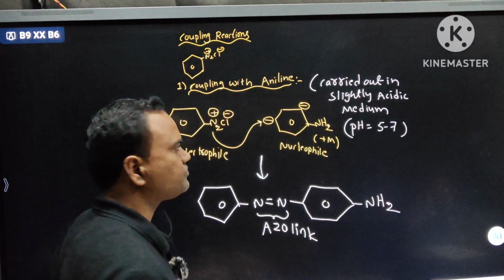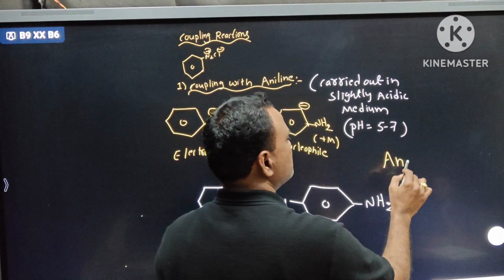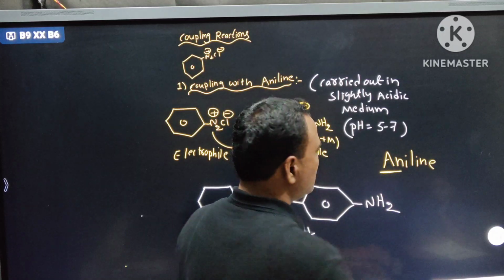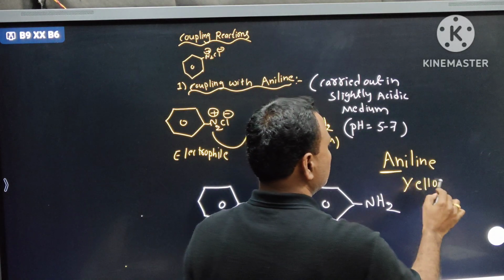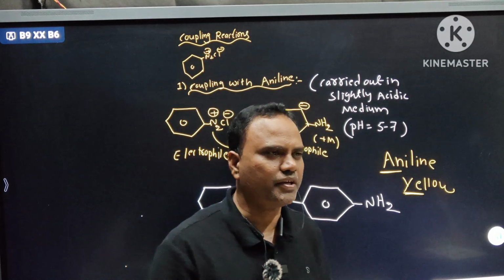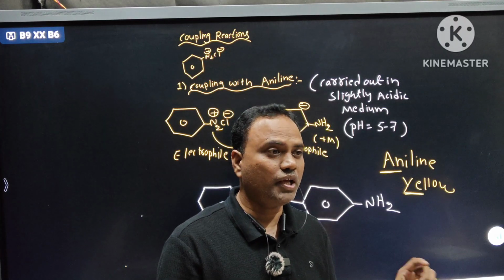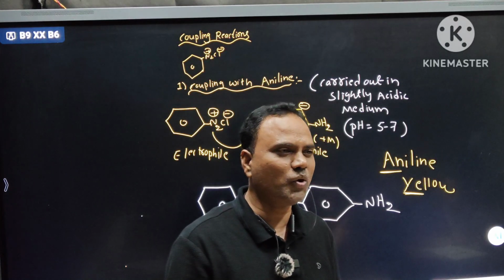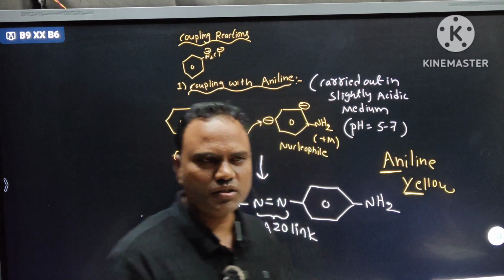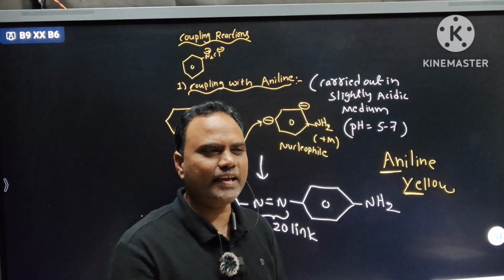You tell me, aniline, what is the first letter? A. Yellow, what is the first letter? Y. Remember like that. So when we take aniline, which color is formed? Yellow color.